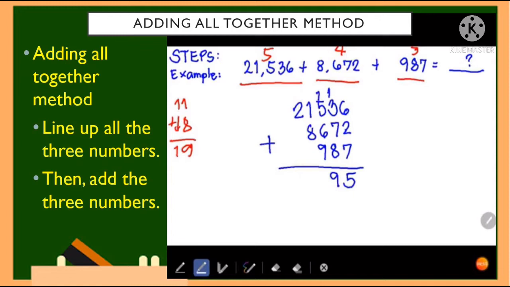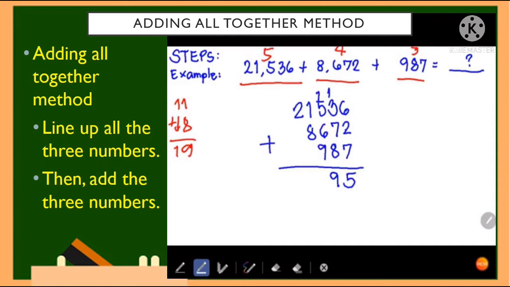Okay, next. What is 1 plus 5? 1 plus 5 is 6, correct? 6 plus 6. 6 plus 6 is 12. Okay, sorry for that word.